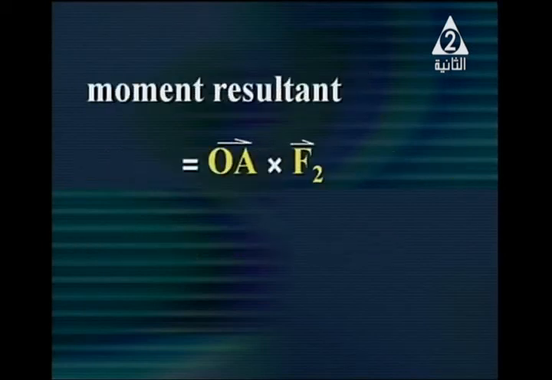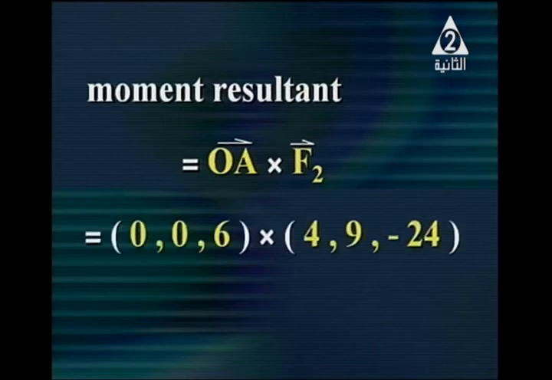The moment of the resultant equals the OA vector cross the resultant vector: 0, 0, 6, the coordinates of OA, cross 4, 9, negative 24, the coordinates of the resultant.